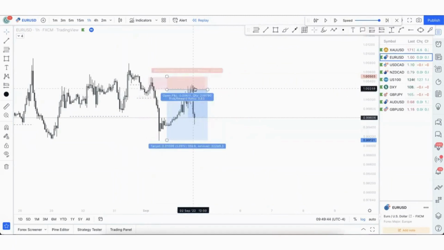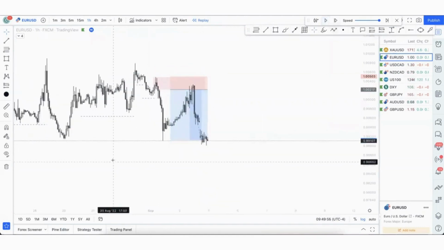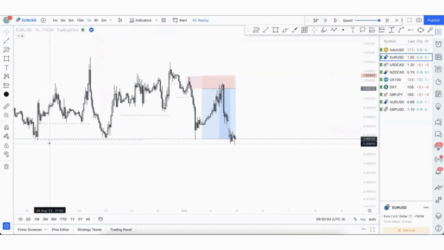Once the price is in there, it has this momentum to go to the downside and reach this level where the retail traders have their stop losses or sell stops, because for smart money traders, it forms as equal low liquidity.